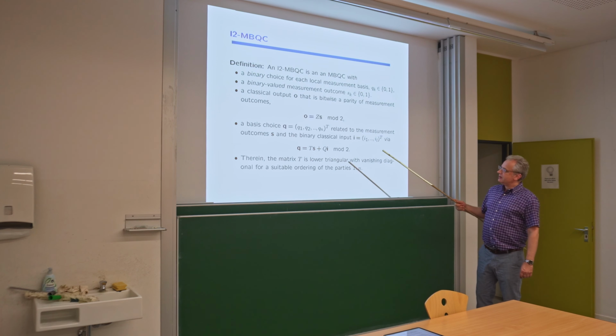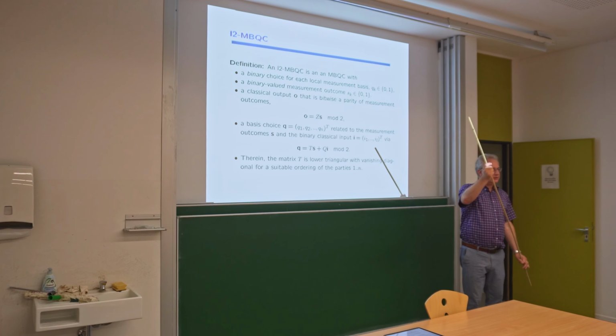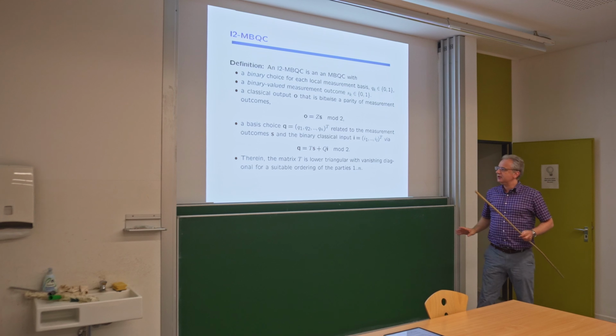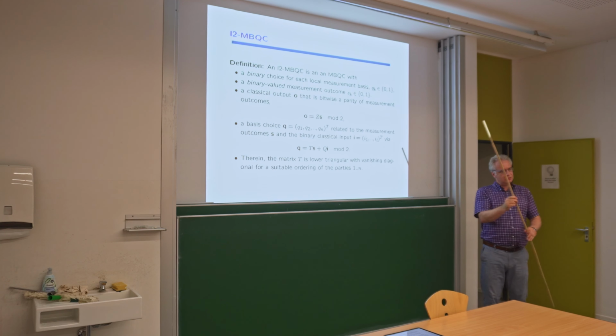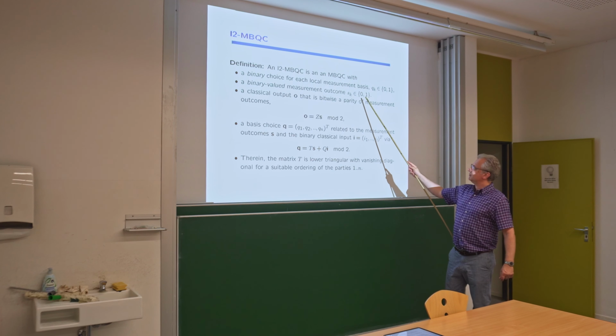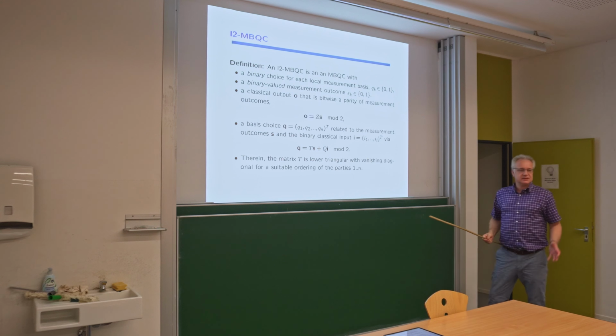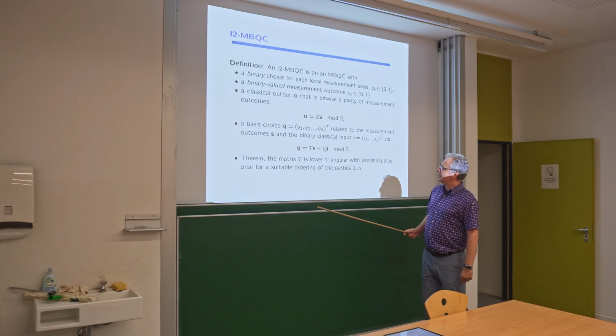That's the first thing. The second thing is that the measurement outcomes are two valued. So we're not talking about Hilbert space dimension or anything, but the measurements that we do are supposed to have only two outcomes, and we may call them 0 and 1. That's exactly as we saw in the case of cluster states. So now comes the classical processing.